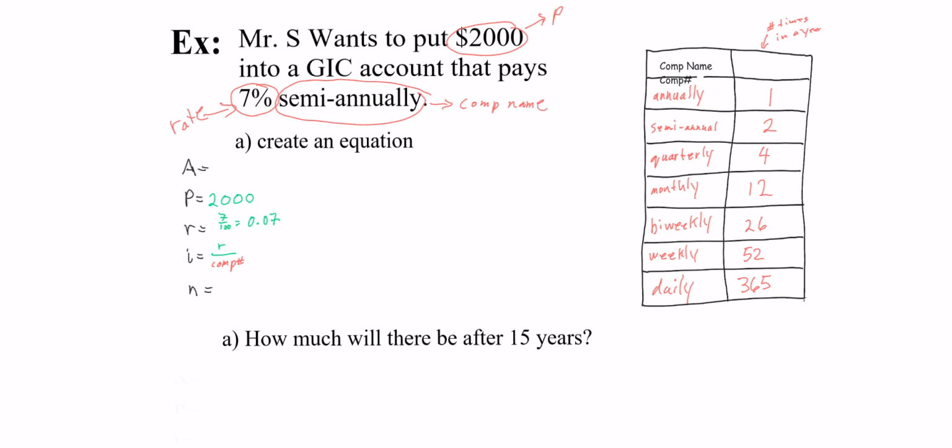And if we go look at our chart over here, semi-annual means this happens twice a year, which means that this I value is 0.07 divided by 2.